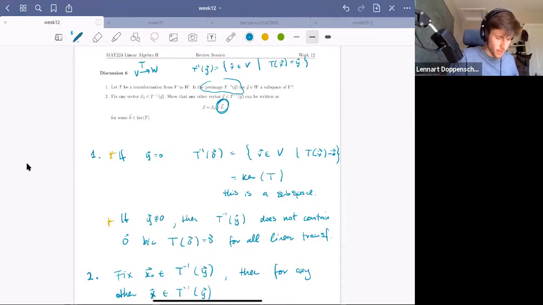I believe it's just after they talk about the kernel, so it should be easy to find. No, never mind. I can't find it immediately.